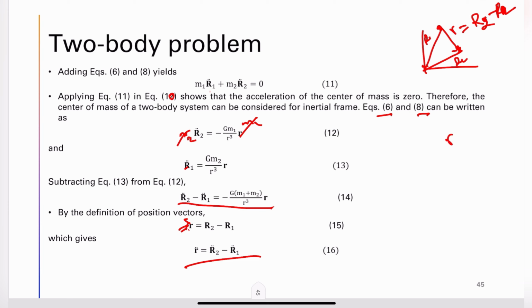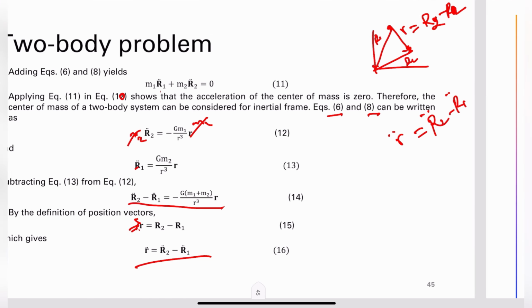So r double dot, the acceleration of this position vector, is nothing but r2 double dot minus r1 double dot.